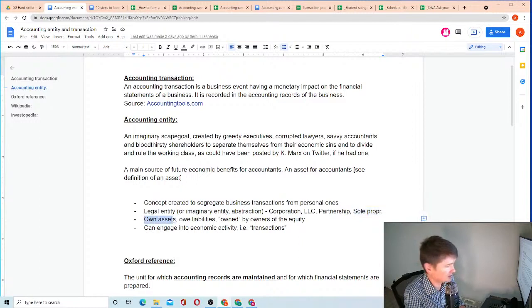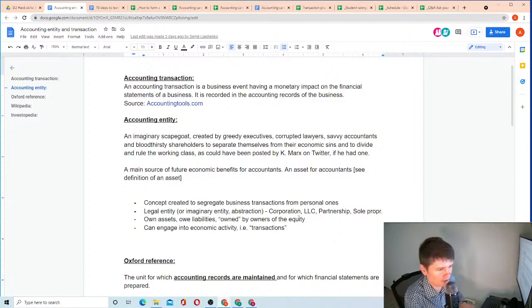The third point is that your accounting entity owns its own assets, and these assets belong to that entity, and it also owes liabilities to some third parties, or it can be a liability to the owner. And that accounting entity is owned by someone who provided an investment in that entity or who established it, who is its shareholder or member or owner, depending on its legal structure.